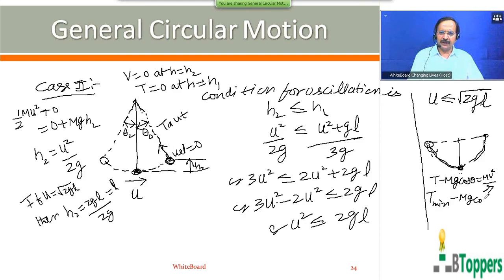Here theta naught is the angular amplitude. At theta equal to theta naught, velocity is 0 at the highest position. So the magnitude of the minimum tension in the string at the highest position is equal to mg cos theta naught.